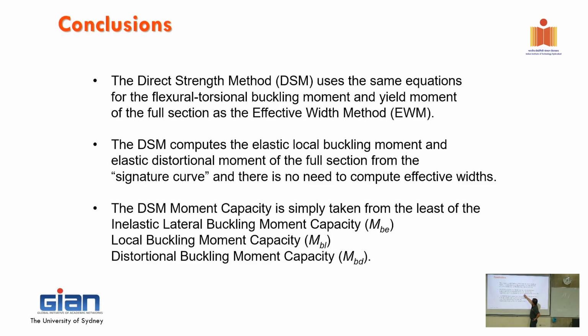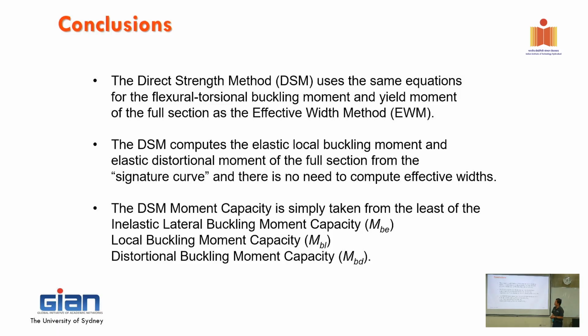But what's new here is we're using the whole section behavior. In other words, we're looking at the local buckling and distortional buckling of the whole section. We're not looking at the element. You're not splitting into flange and lip and web and separately calculating buckling.